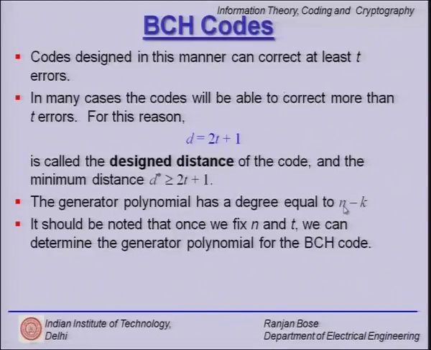So, we started with n and t, and then we decided how many minimal polynomials to pick up, and then k comes automatically. So, k gets decided later on. First we find n and then t and then k. Once we fix n and t, we can determine the generator polynomial of the BCH codes.